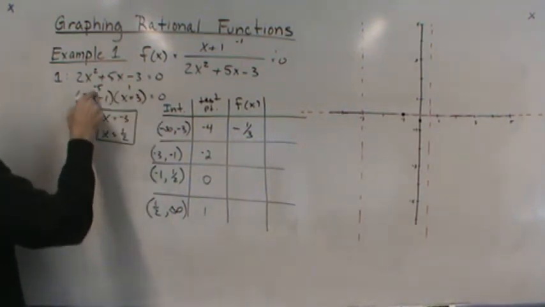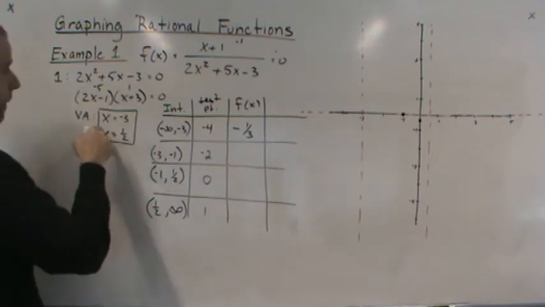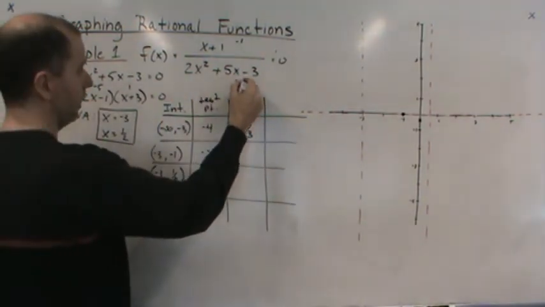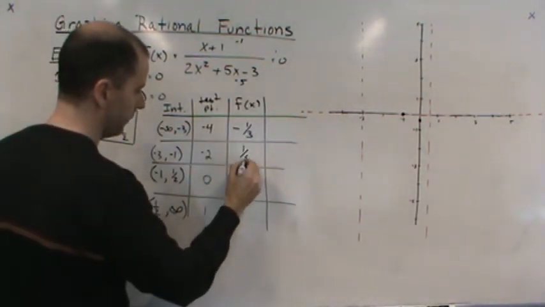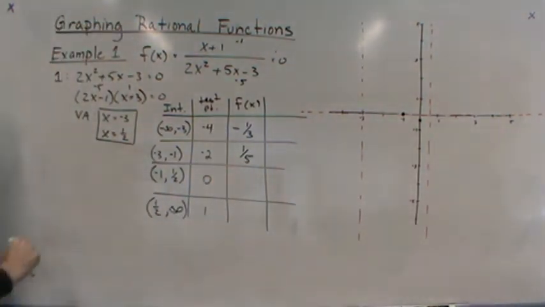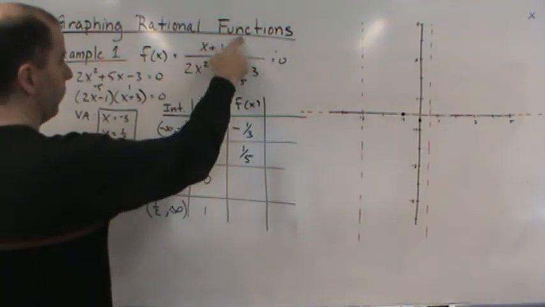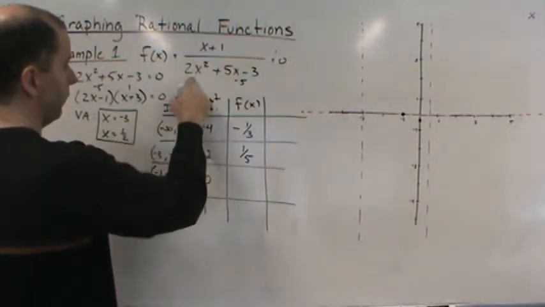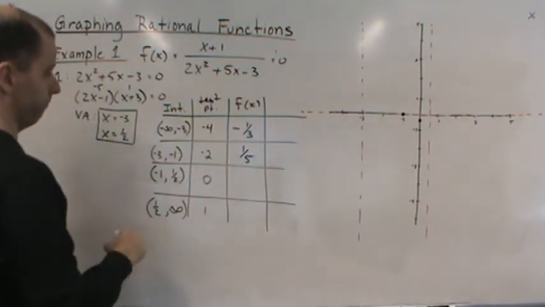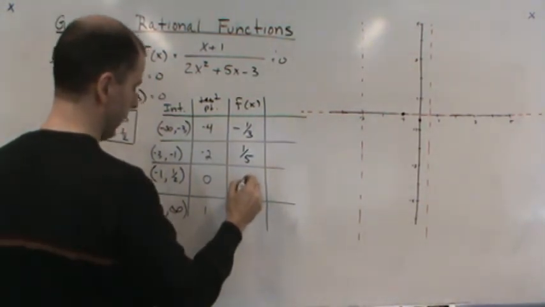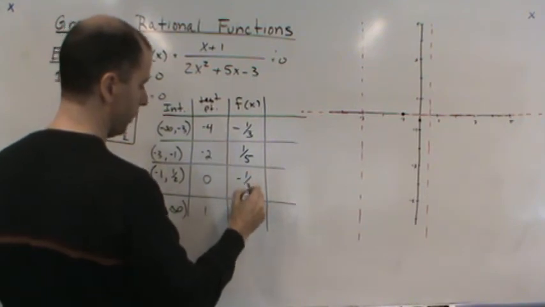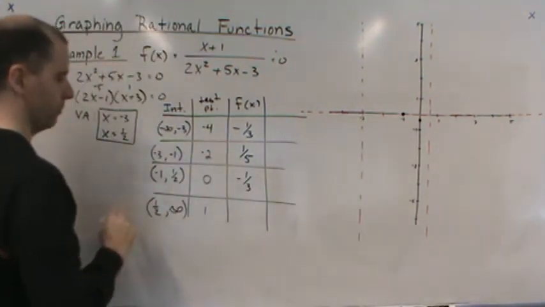And so we get negative 1 over negative 5, which gives us a 1/5. Now 0 is easy. If we plug in 0, we get 1 on top, and we get negative 3 on the bottom. So we got negative 1/3. That's our y-intercept.